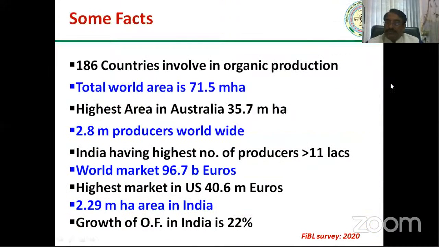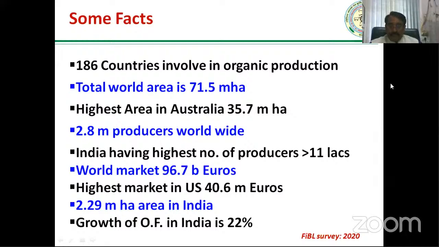Some facts we talk about: 186 countries are involved in organic production. The total world area is 71.5 million hectares. The highest area is in Australia. There are a total of 2.8 million producers worldwide. India has the highest number of producers in the world, more than 11 lakh producers.